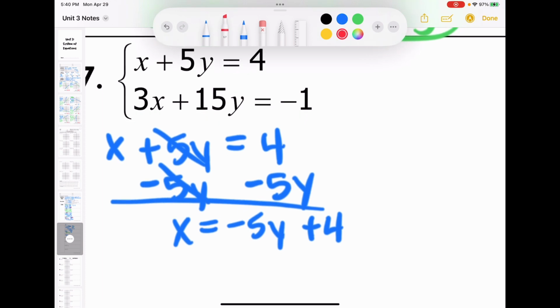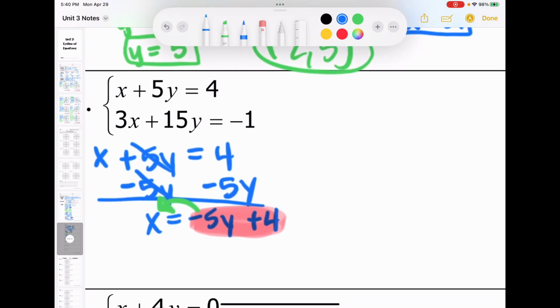All right, now I'm going to take the expression and I'm going to substitute it into the second equation for x. So I'm going to have 3 parentheses, negative 5y plus 4, plus 15y equals negative 1.